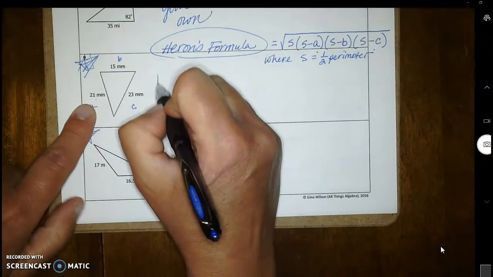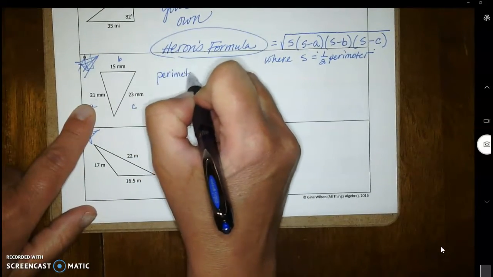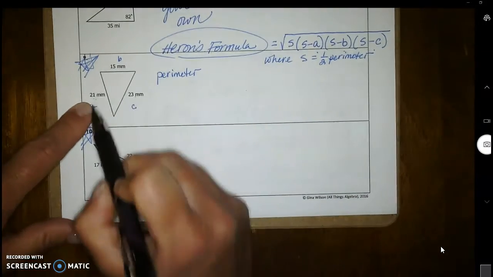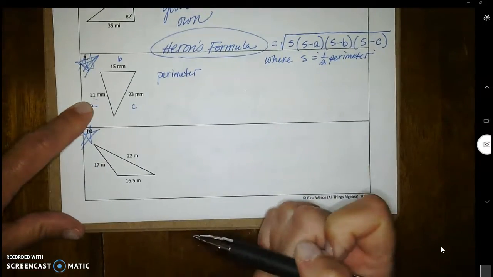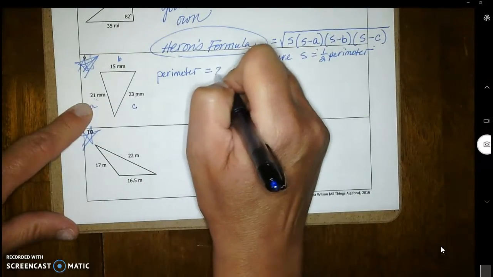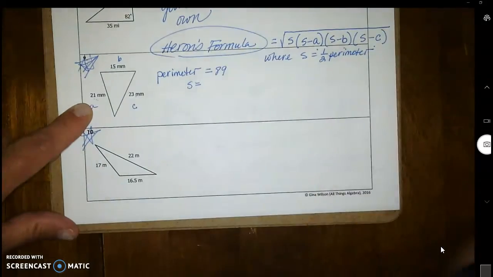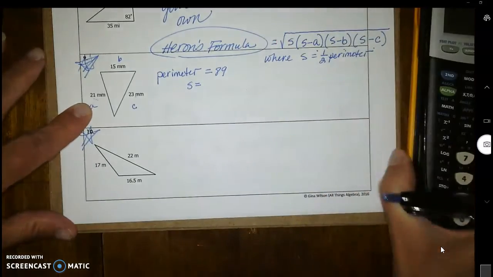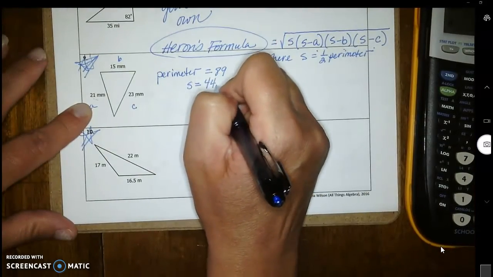So let's go find the perimeter first. Okay, I'm actually going to find 21 plus 15 plus 23. So I'm going to get 89. And so S is going to be 89 divided by 2, which is 44.5.